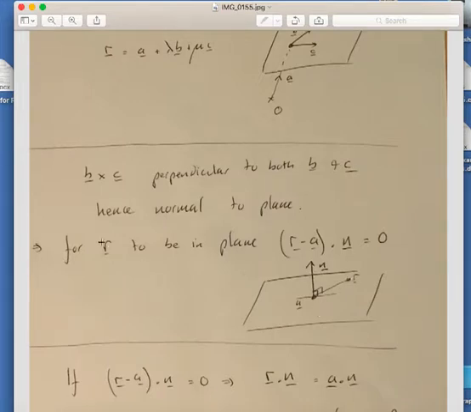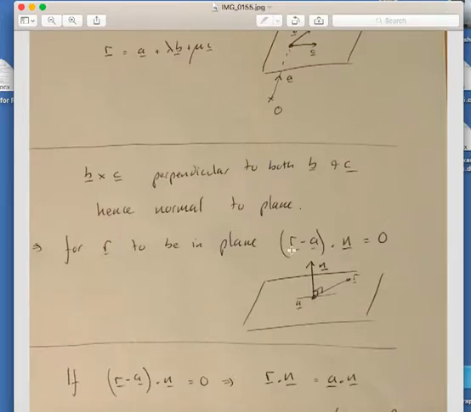Now, if my point r is going to be in the plane, then what r minus a represents is the vector between my point and point a. And if my point is in the plane, then the vector between me and point a must be at 90 degrees to something which is at 90 degrees to the plane.